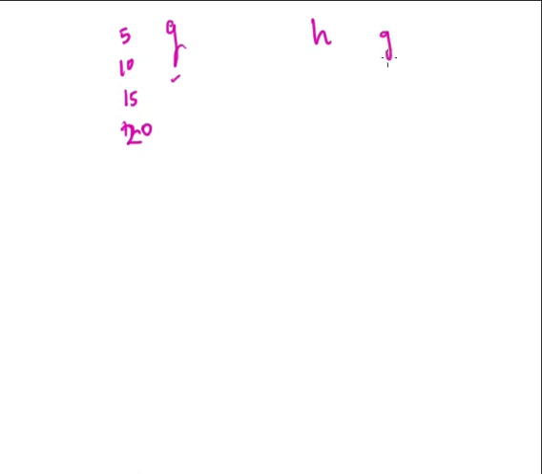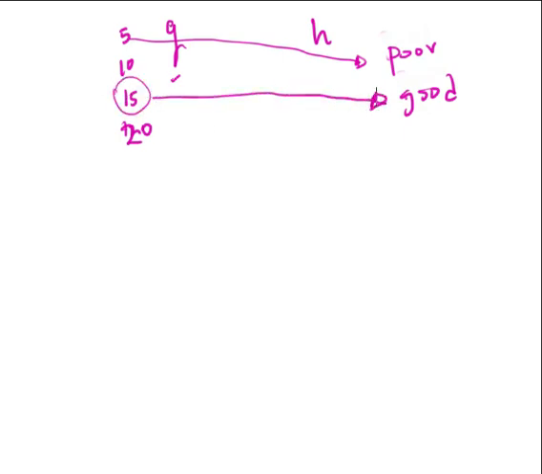So if the quality of food he eats is 5, he probably will get poor health. But if the quality of food he eats is 20, let me write this like this. Let's put this as poor and good. If the quality of food he eats is, let's say, 15 on the scale, you'll get good health. So you see, as the quality of food increases, his health also increases in the same manner.